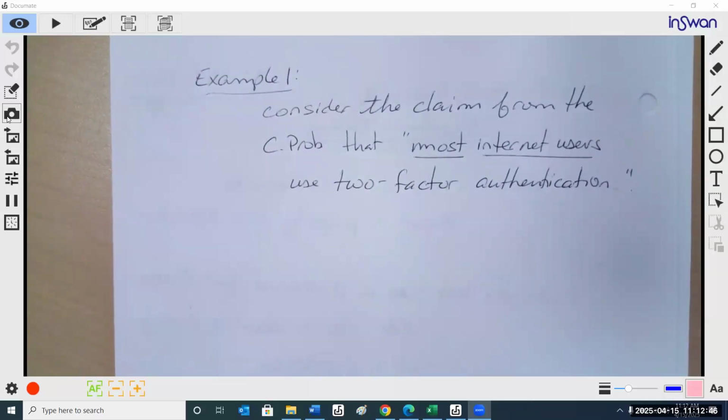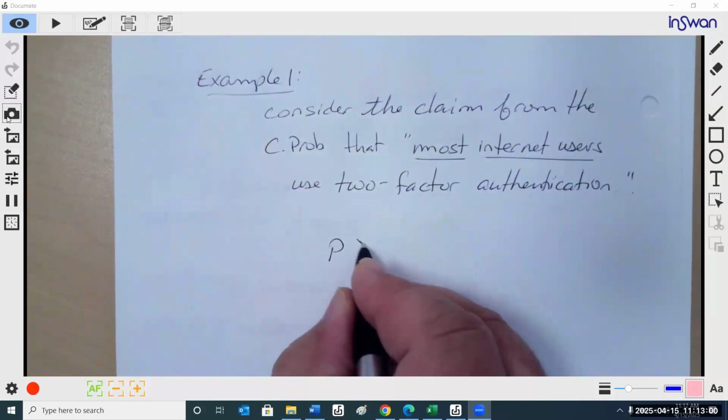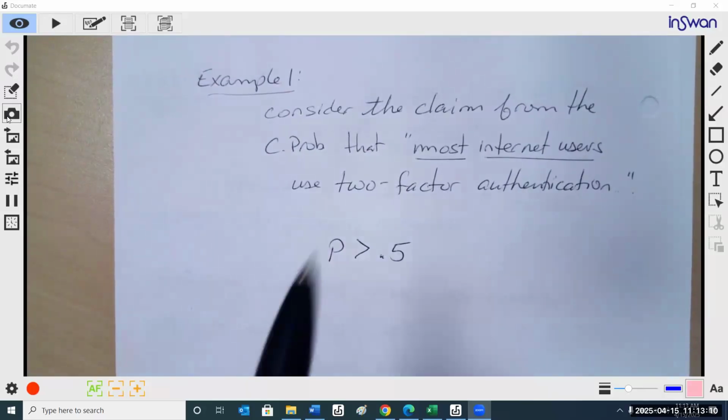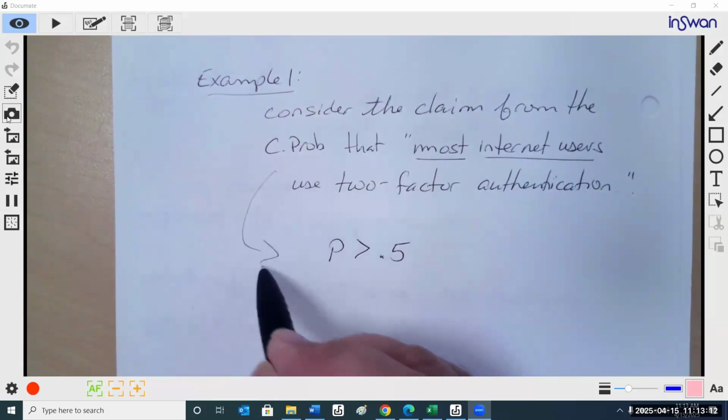How would you signify that mathematically? Greater than what? 50%. So this is how you would take this claim and represent it.